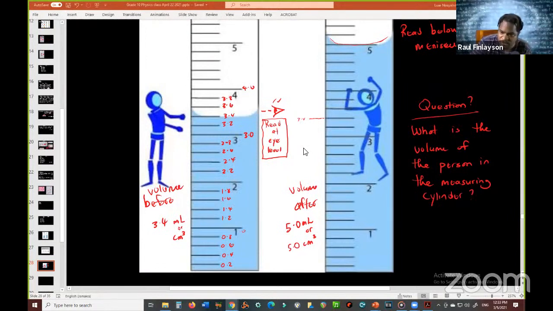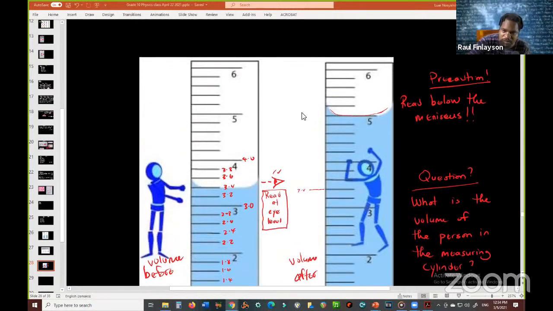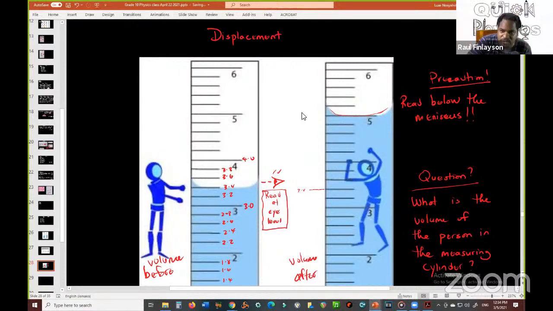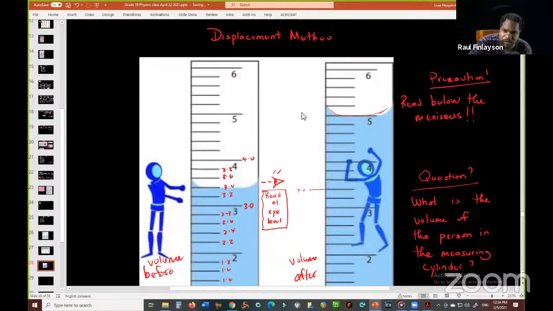All right. Whenever we're using, and this is the displacement method. The displacement method for measuring volume is simply finding the volume of some water, and then you place an object in the container, provided that it can fit in the container.